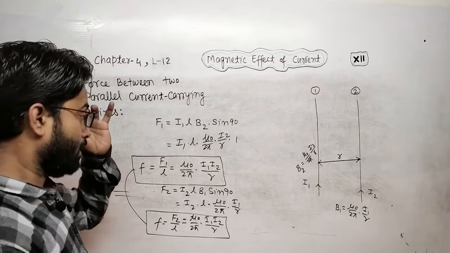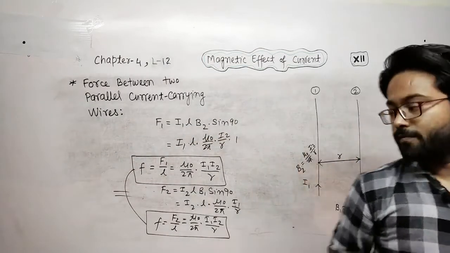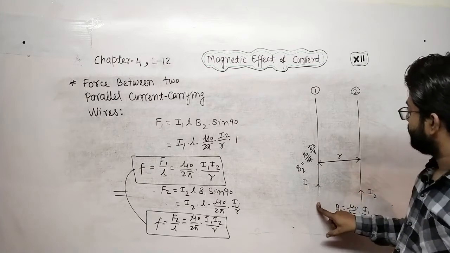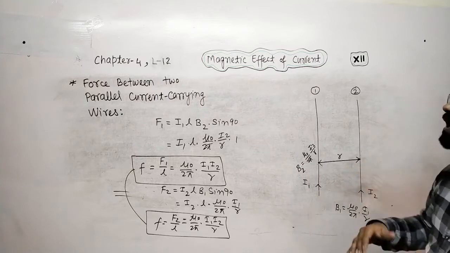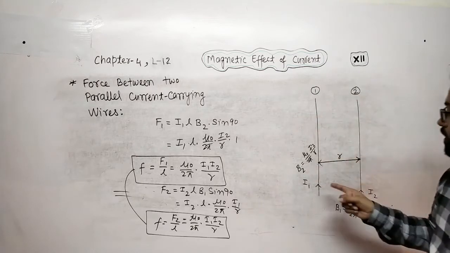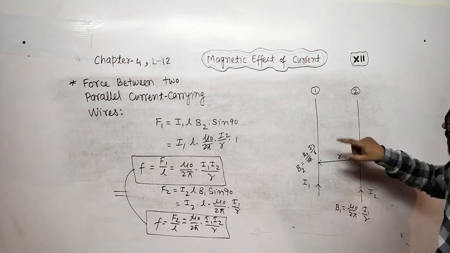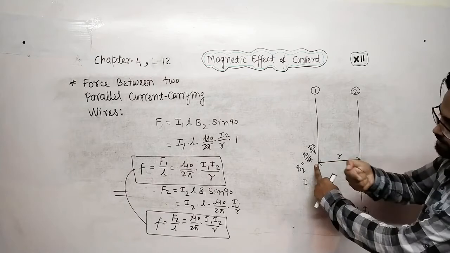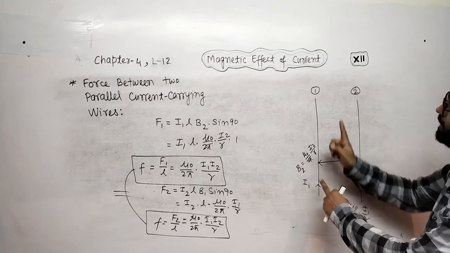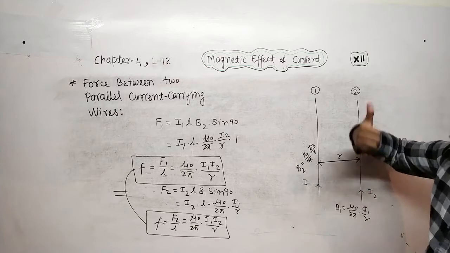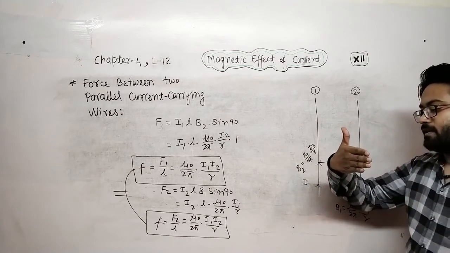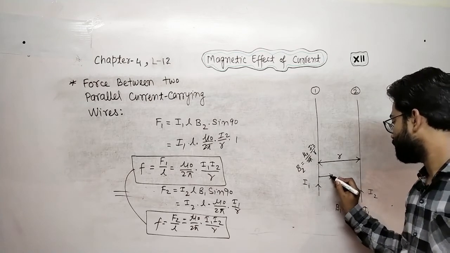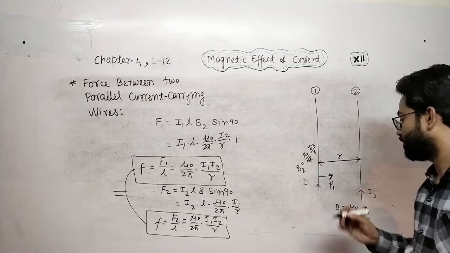Okay, this means the force on the second wire due to the first is equal to the force on wire 1 due to wire 2. Now the direction of the forces. For force on wire 1, the magnetic field at that point due to the second wire is in this direction, and L is in this direction, meaning the current is in this direction, so the force will be in this direction. This is F1.